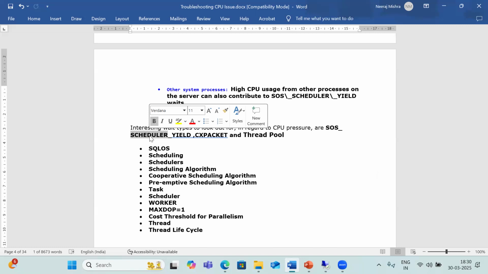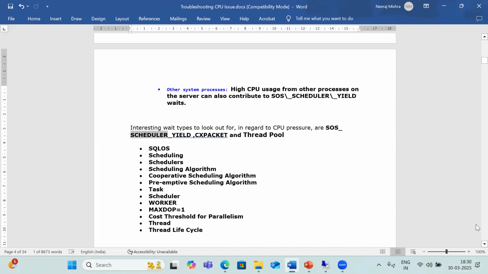SQL OS is a virtual operating system introduced in SQL Server 2005. The main objective was to give SQL Server its own scheduler to allocate CPU time to the SQL Server query threads for execution. Why, I will talk in a while.